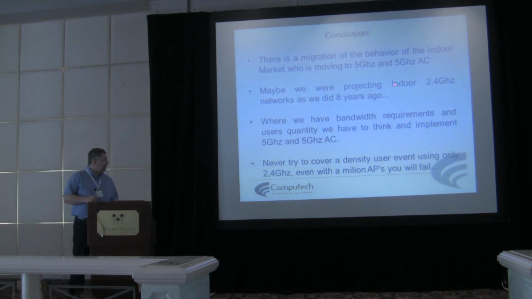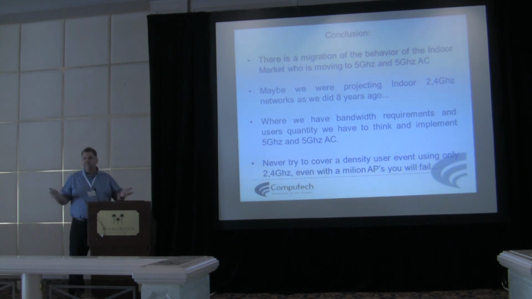Maybe we are still projecting some indoor networks using only 2.4 like we did 8 years ago. So we have to move our thoughts to this year, to the devices that we have this year. We have bandwidth requirements, user quantities, and projects.